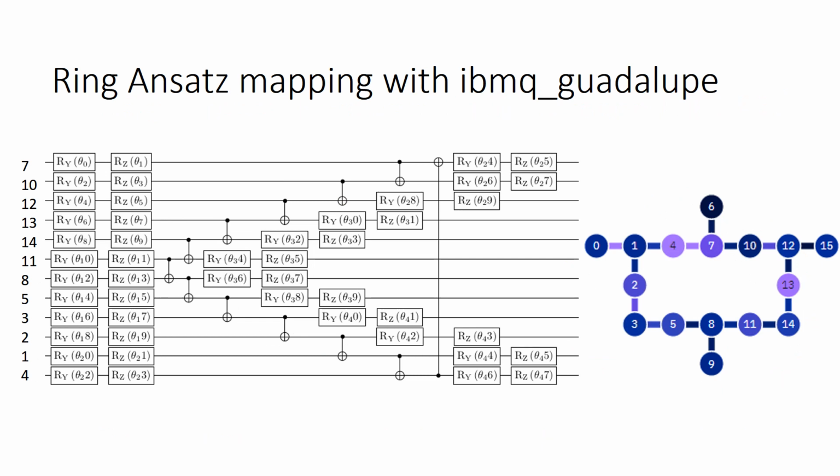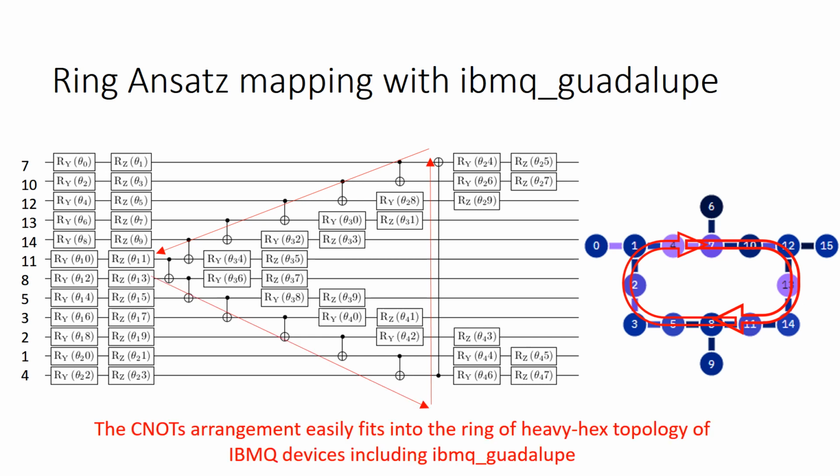And at the same time, these ansatz also map to the heavy hex architecture of the Guadalupe chip and of several other IBM Q quantum devices, which are different versions and expanded versions of the heavy hex architecture.